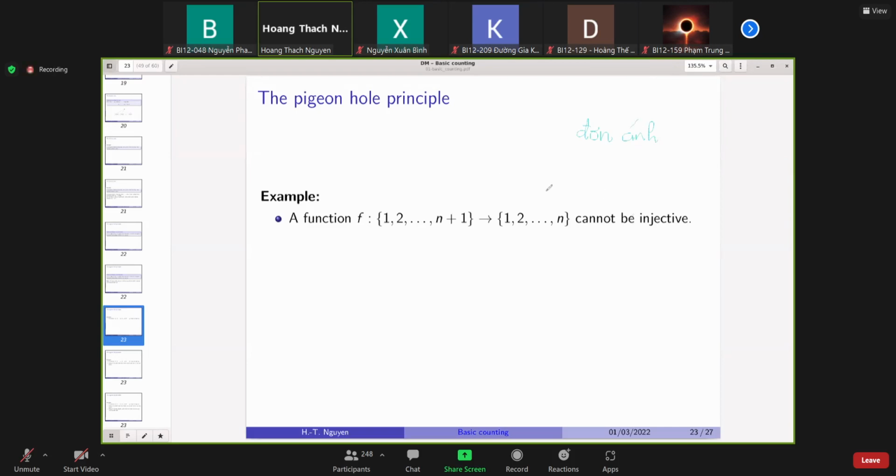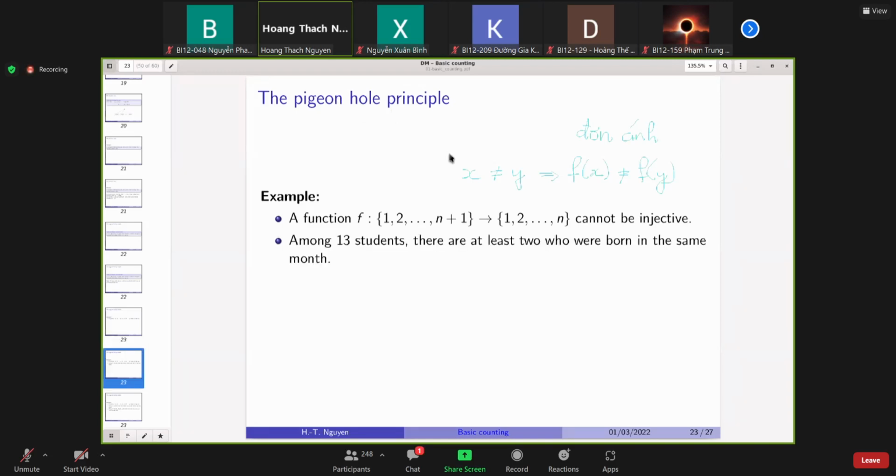So injective means that if x is different from y, then necessarily f of x is different from f of y. Okay, so that means injective, đơn ảnh.